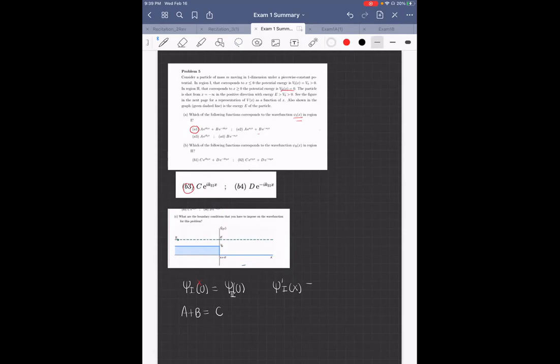Take the derivative of the wave function for the first region, and you'll have iK1 times A e to the iK1x, plus negative iK1 times B e to the negative iK1x.